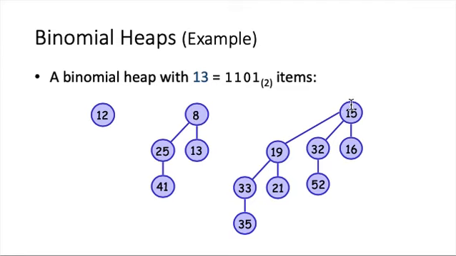Alternatively, each node must have value smaller than all of its children. This is the heap property. Because of this, we can see that for each tree, the root must contain the smallest value. So if you want to know the smallest value of all the nodes in this heap, it is only the roots that we need to look at.